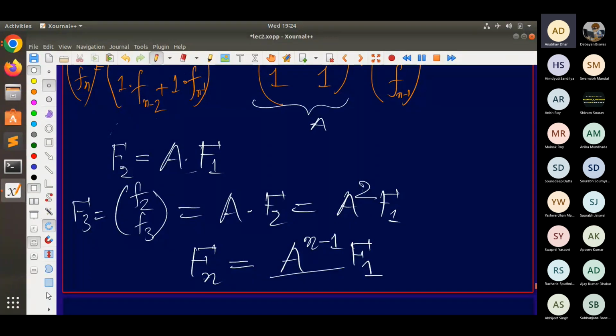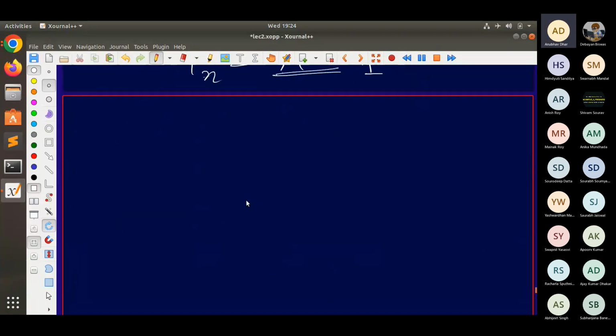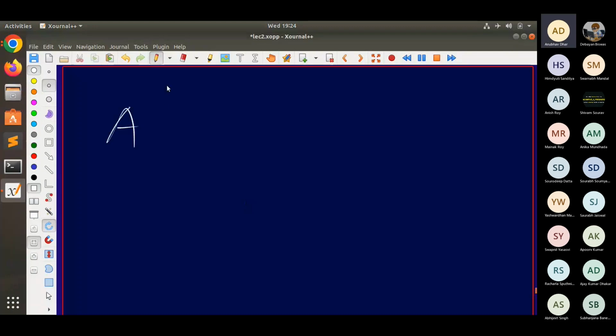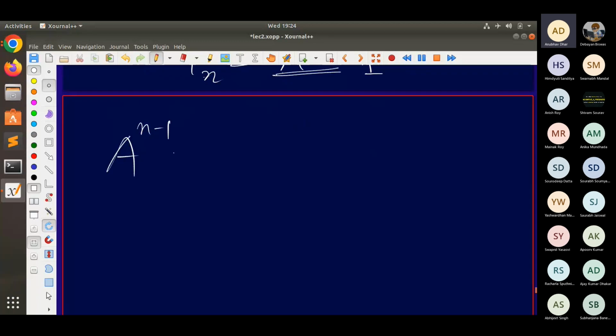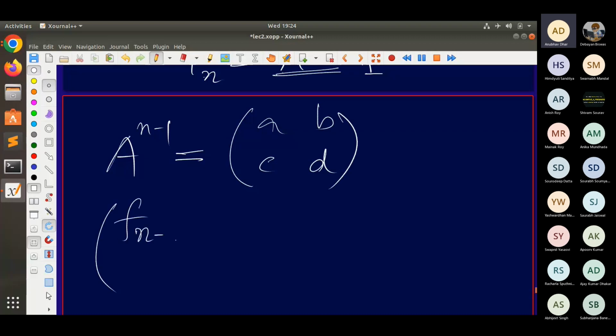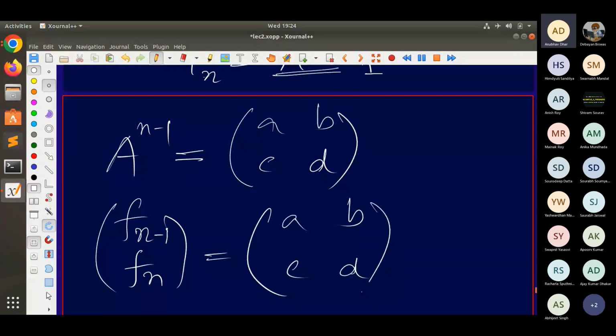Now the catch is that you can use matrix exponentiation on this particular matrix. Then A power n minus 1 is equal to, let's say, a, b, c, d. Then you know that f of n minus 1, f of n is equal to a, b, c, d into f of 0, f of 1.